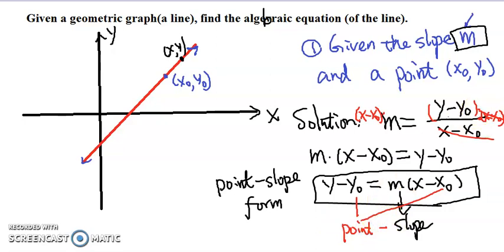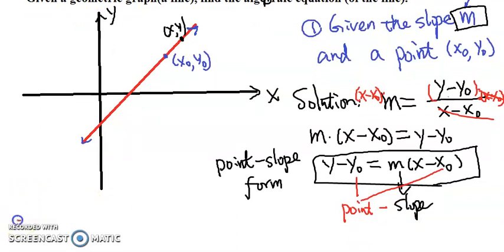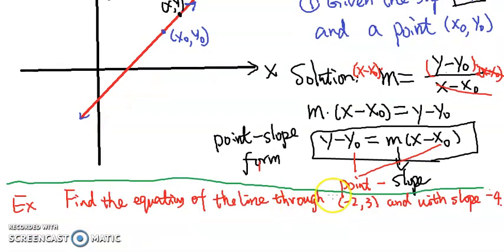So now let's look at a particular example of how to use this formula to do a question. Say we want to find the equation of the line through this point, -2, 3, and with the slope equal to -4.